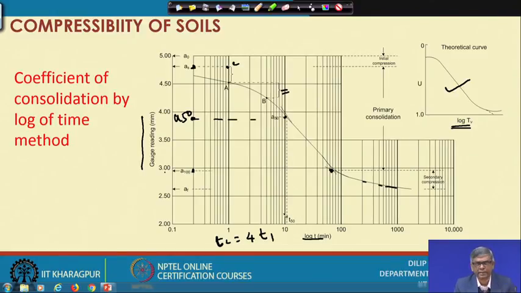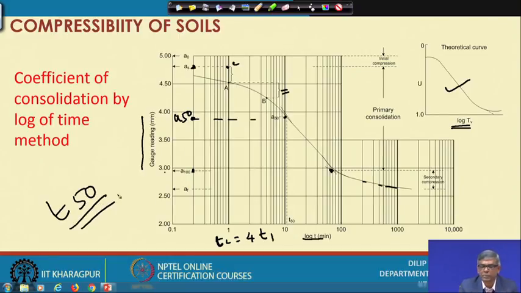So, like in Taylor's method, where we tried to find the time required for 90% consolidation, that is T90, in the Casagrande method, that is the log time method, we are trying to find T50, that means the time required to complete 50% consolidation. So, the outcome of this plot is ultimately the determination of T50.